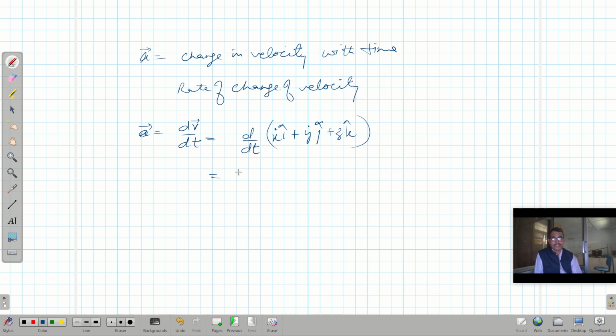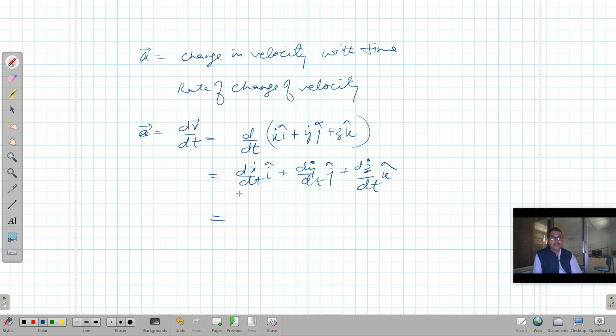So it is d x dot over dt i cap, because i, j and k are fixed directions and are not changing. Similarly, I can write dy dot over dt j cap plus dz dot over dt k cap.